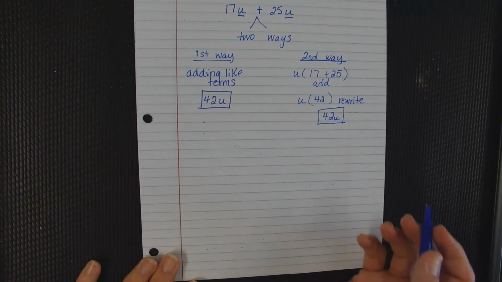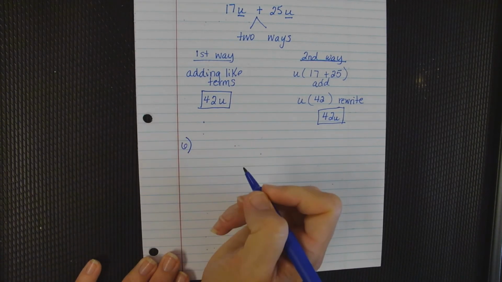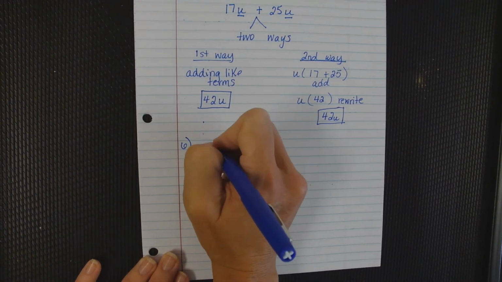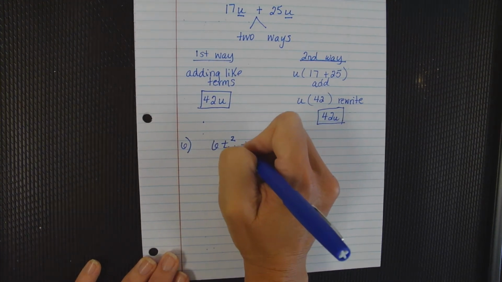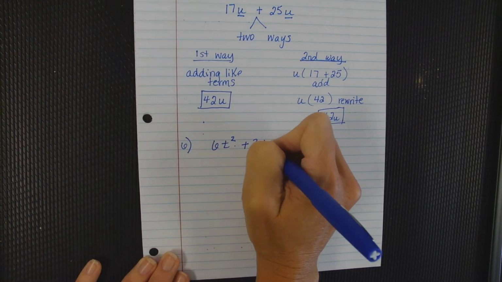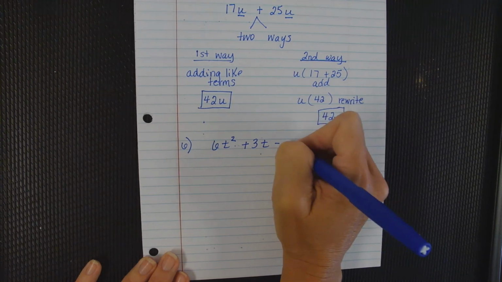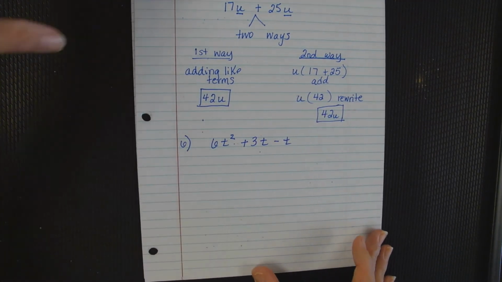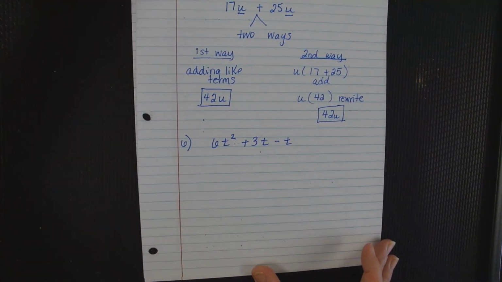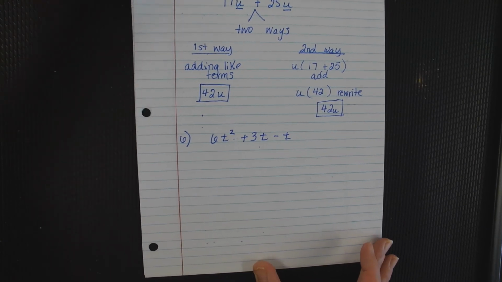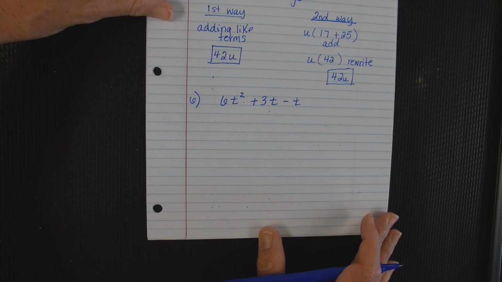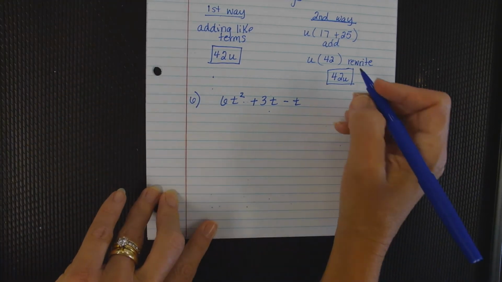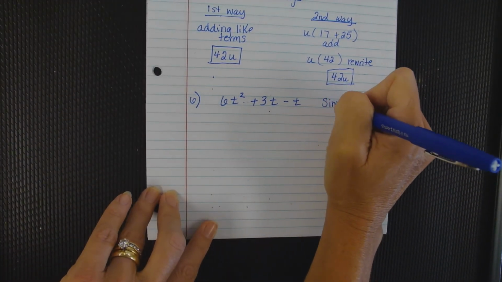Way easier. All right, look at number 6. 6t squared plus 3t minus t. Keep in mind, I'm writing my variable t different than my addition symbol, okay? Directions are simplify.